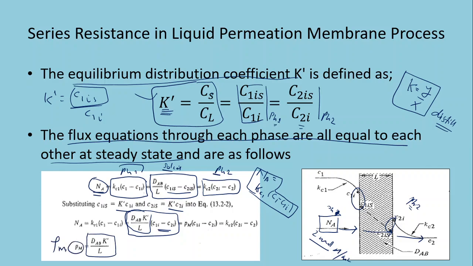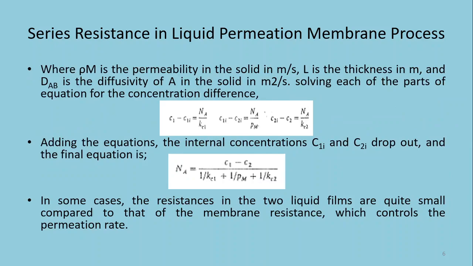And what is the meaning of rho m? This rho m is the permeability in the solid in meters per second, L is the thickness in meters, and DAB is the diffusivity of A in the solid in meters square per second.